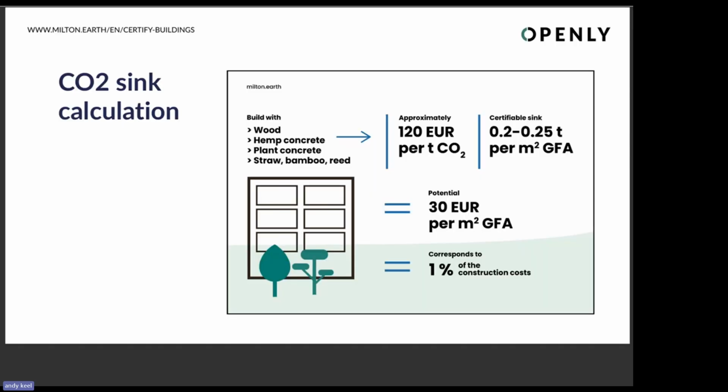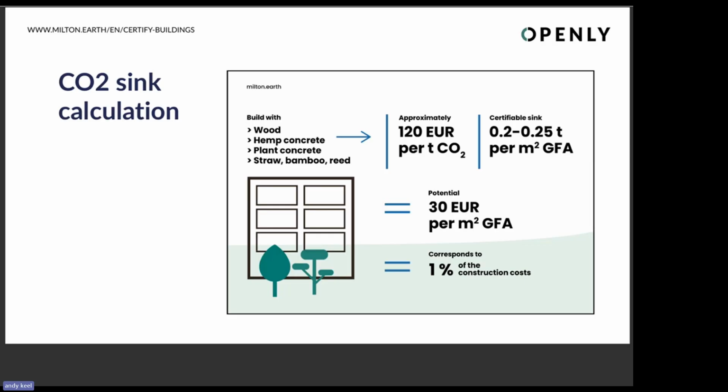And this is probably the most important slide for most of you in this call. So as of this summer, we start to purchase, or to certify, the first buildings. And as I already mentioned, you can calculate about 0.2 tons per square meter, which is the C-Sink.